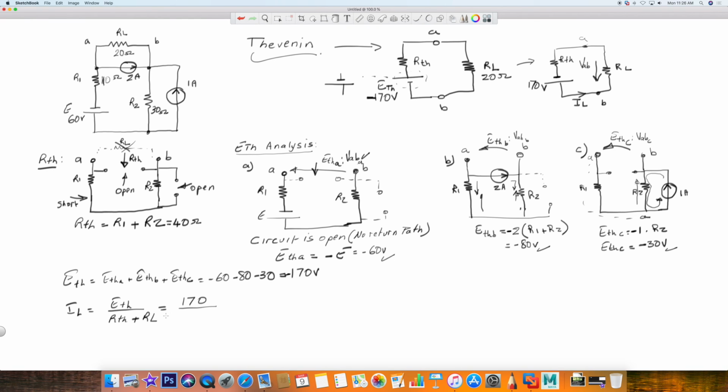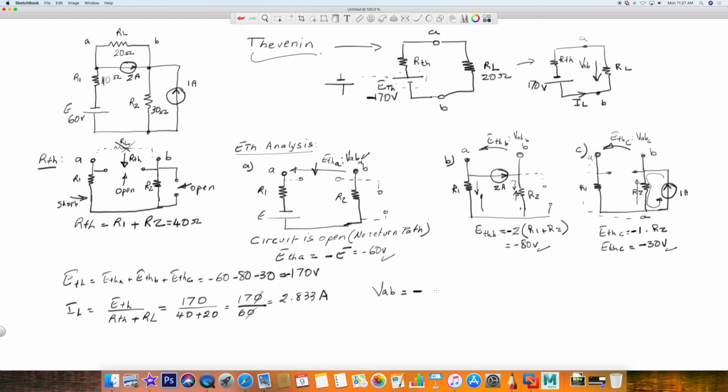So again, applying Ohm's law. Total current equals total voltage divided by total resistance in a series circuit. And this would give us 2.833 amps. This is an approximation. Now, VAB. Make sure you put a minus sign.